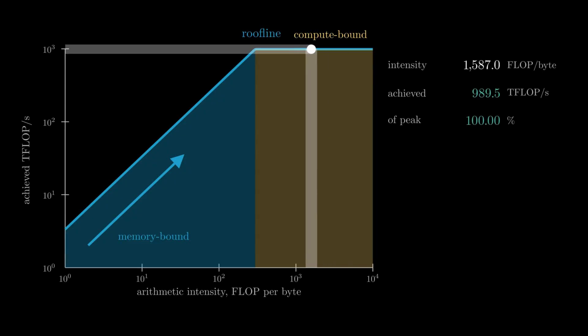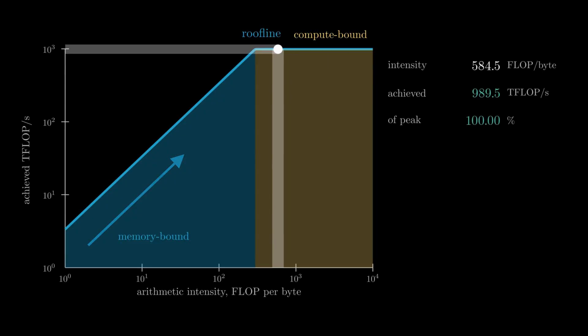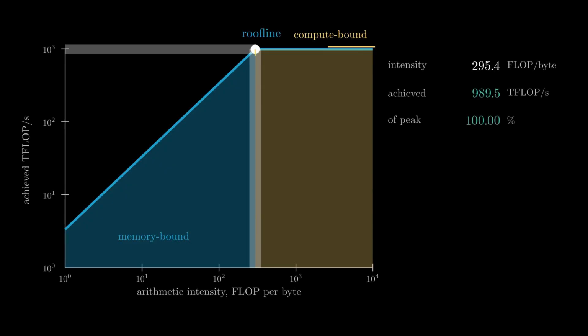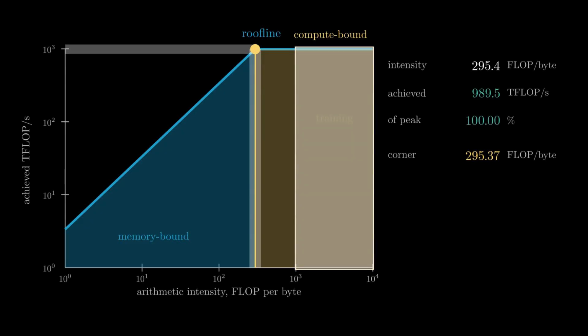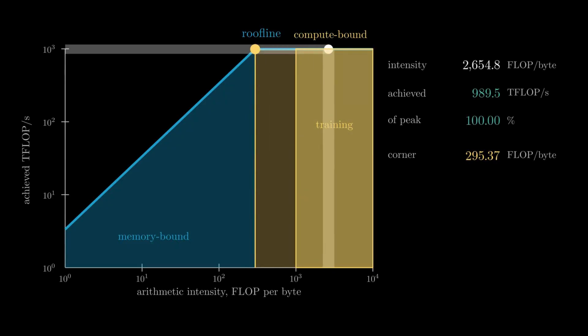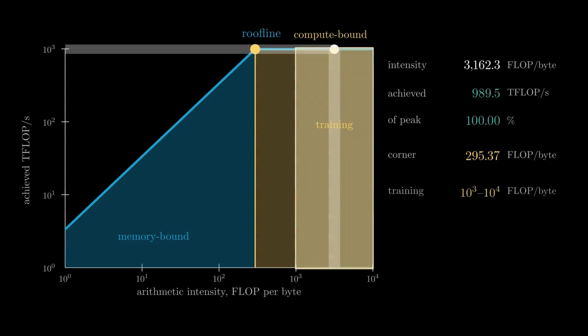On the right, it goes flat, which means you are compute bound and the arithmetic is finally what limits you. The corner between those two regimes sits at 295 operations per byte, and I would like you to hold on to that number, because everything else in this video is measured against it.